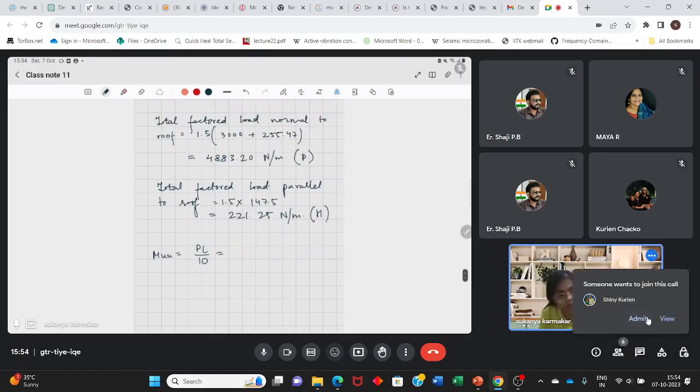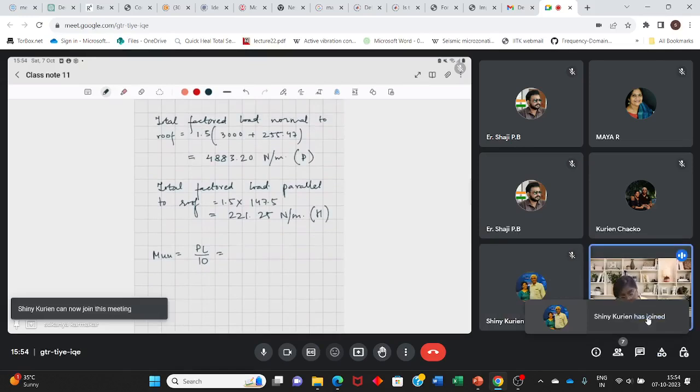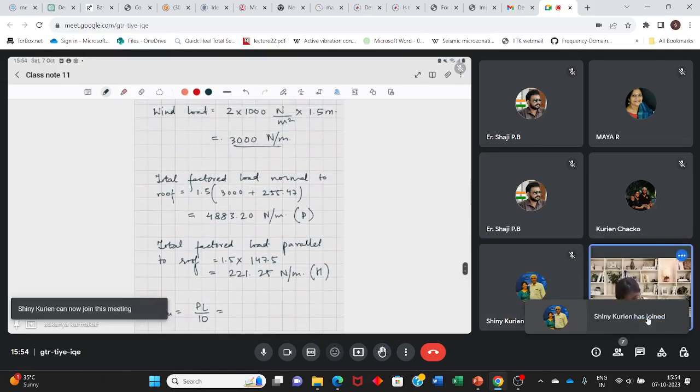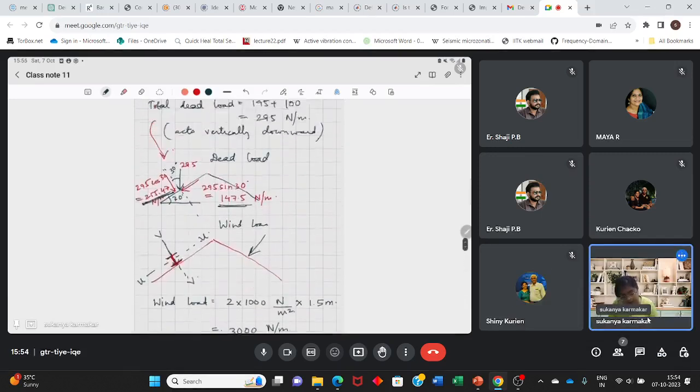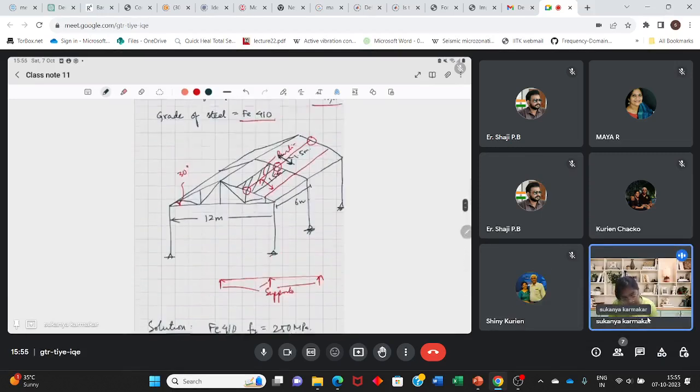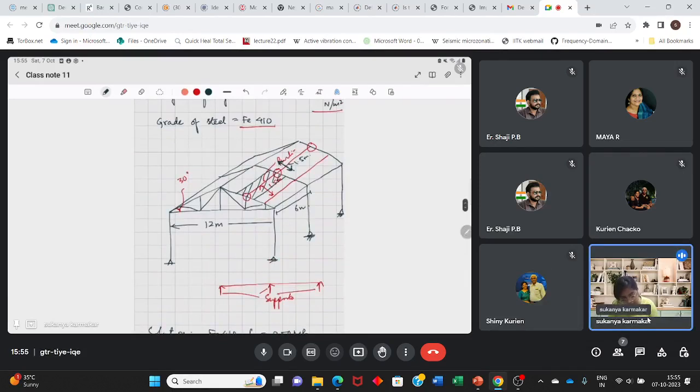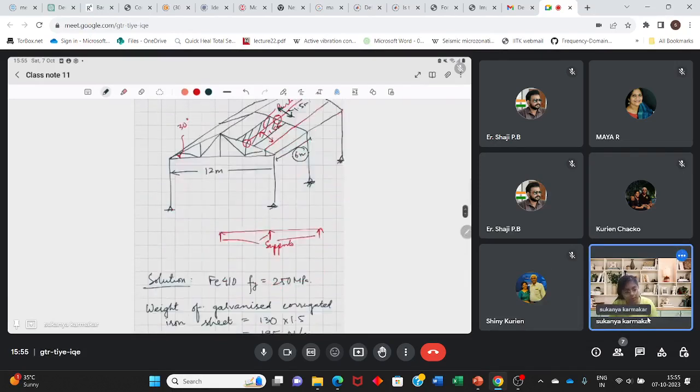The value of P is 4883.20. What is the length of the member? As I explained, the length of the purlin is 6 meters.